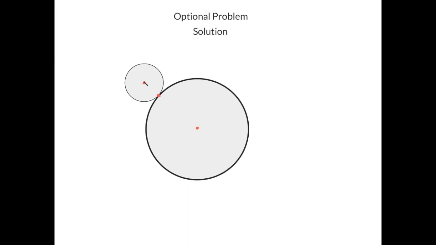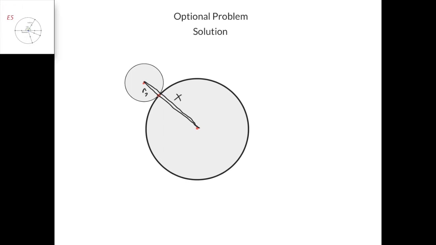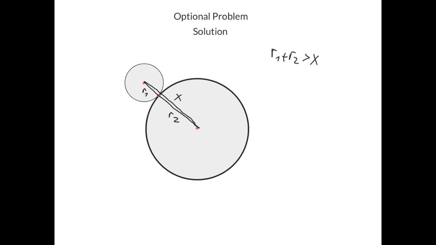We just need to assume that they don't lie on a straight line. So assuming we have a triangle here, and then the distance between the centers is x, and this radius is r1, and this radius is r2, we get r1 plus r2 is greater than x. And then we take a point here, such that this distance here is r1, and so the remaining distance here is x minus r1, because the point lies on a segment with a length of x.